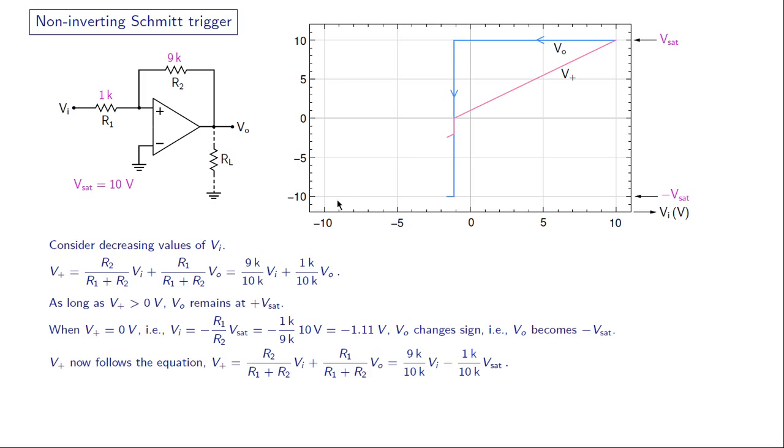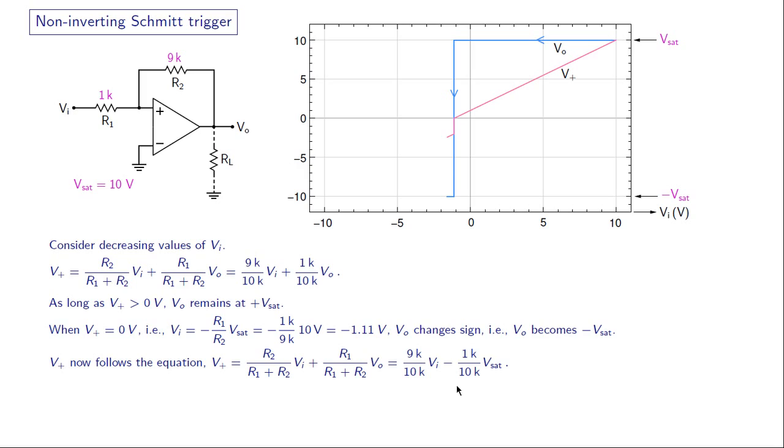And let us now look at the equation that V plus will follow in this region. V plus is given by this expression, same as this one, except now VO has become minus Vsat. So we have V plus equal to 9 by 10 times Vi minus 1 by 10 times Vsat.